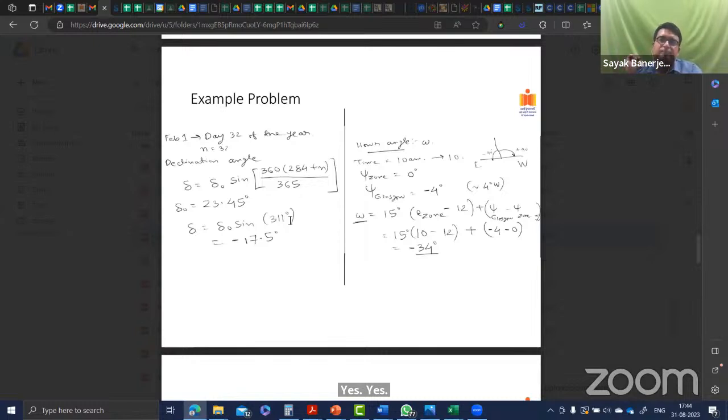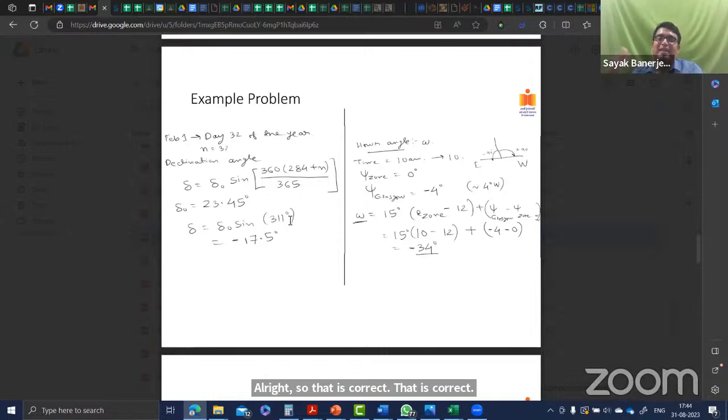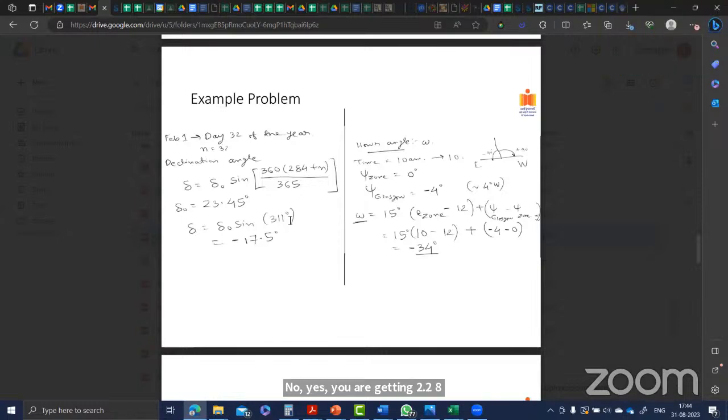Then the confusion came whether it is plus or minus. If you are getting 2.284, then it obviously is plus. Actually, after getting 2.21, by checking that delta naught, again I changed it, sir. First I got plus 2 degrees, then I changed it to minus.